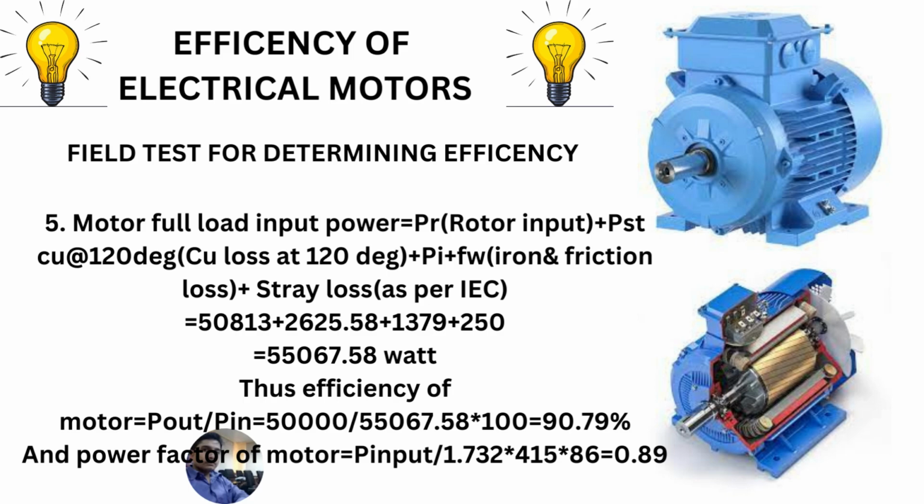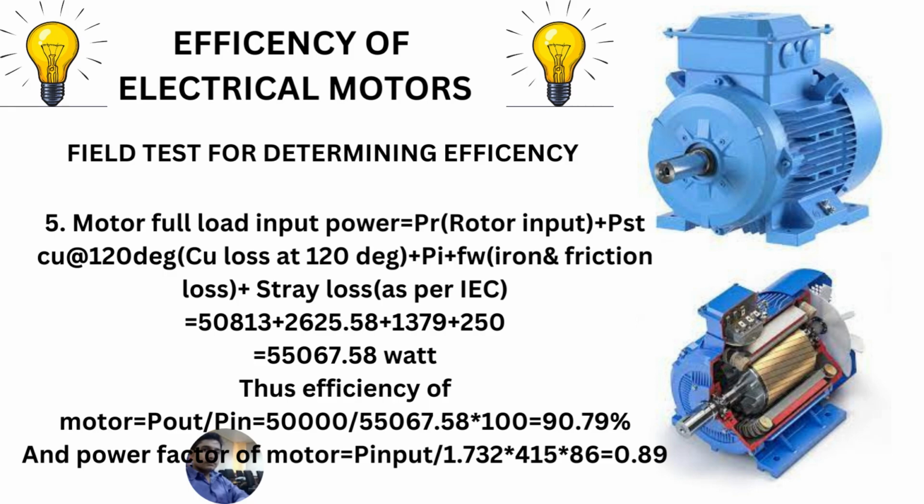Now we will calculate the motor full load input power. It is the rotor input power which we have calculated, output power by 1 minus s, plus copper loss at 120 degree plus friction and windage loss plus stray losses.